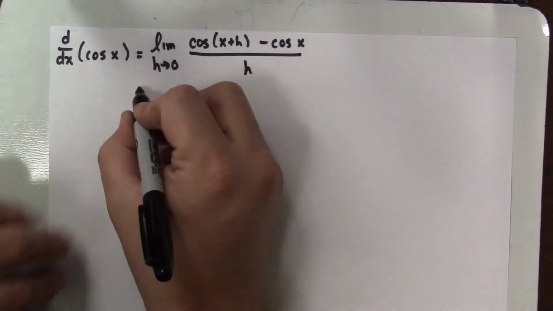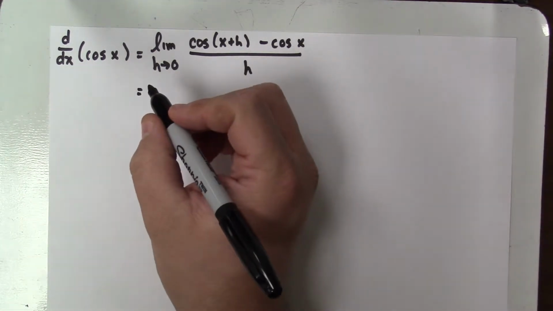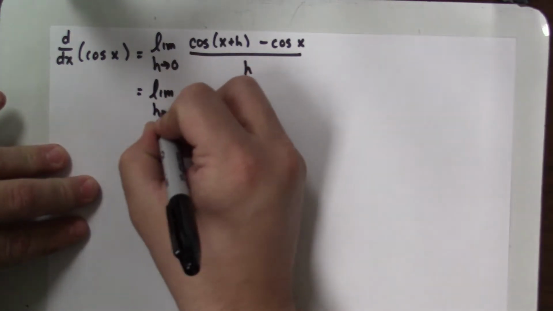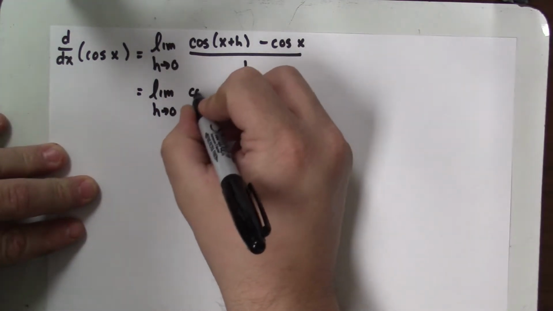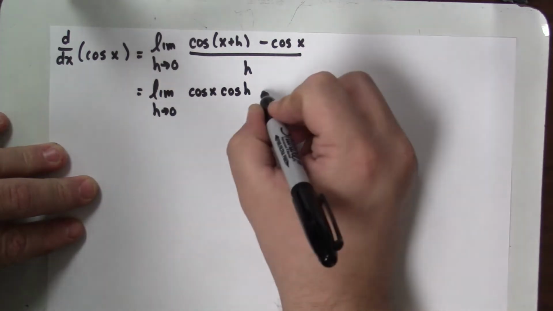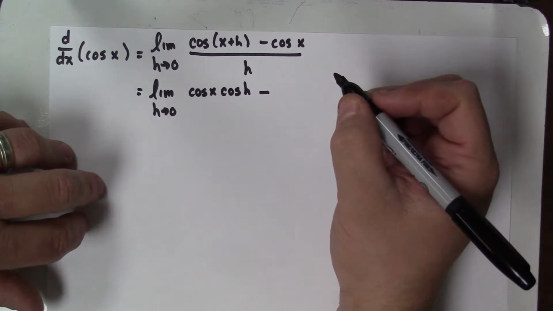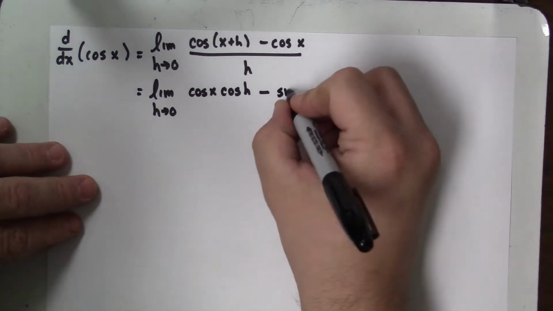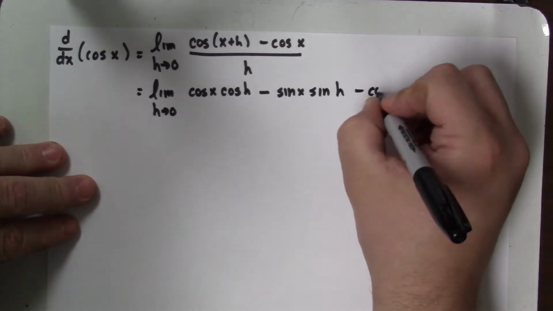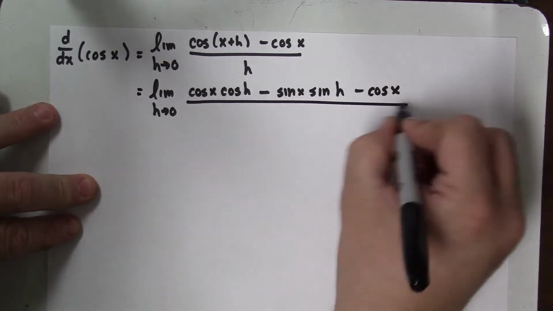Now, going back, once again, this angle sum formula comes into play. I have cos x cos h minus sine x sine h minus cos x over h.